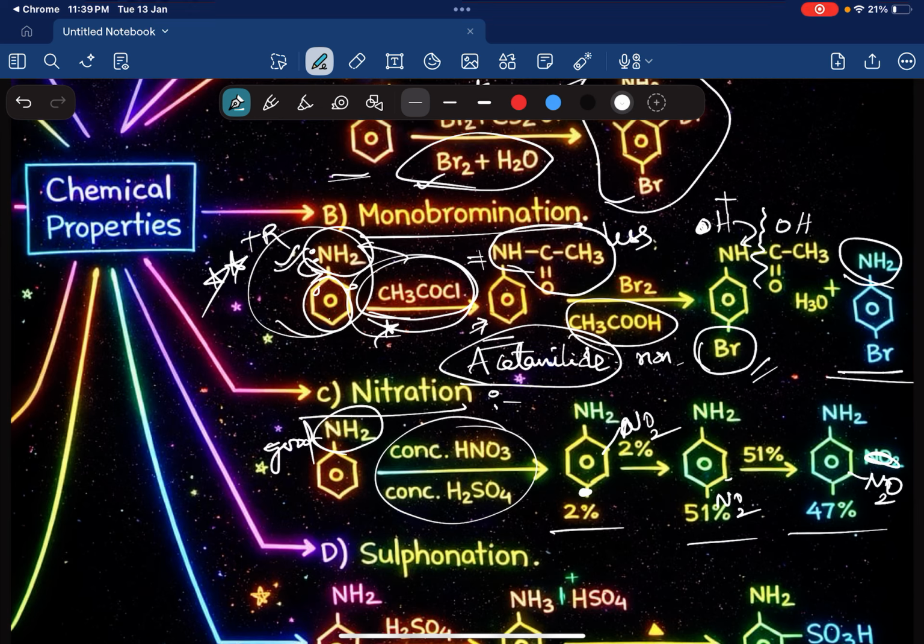Generally, if the benzene ring has electron donating groups or plus groups, only ortho or para will be formed. But in this example, even meta is forming, at 47%.